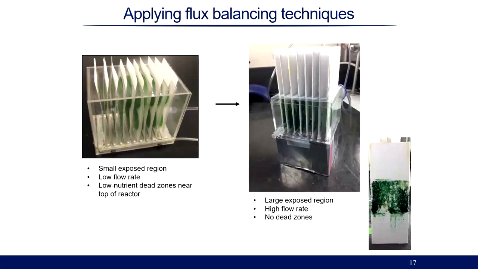If you look at the picture on the right, now we've increased the size of our exposed evaporation region by a factor of about 4 in order to increase the flow rate of nutrient medium through the reactor, similarly by a factor of about 4. And in the inset on the lower right here, we've mitigated the dead zones that were happening towards the top of the reactor, in that the downstream, in this case upward, algae cells are getting ample nutrients from the nutrient media because the flow rate is faster through the reactor.